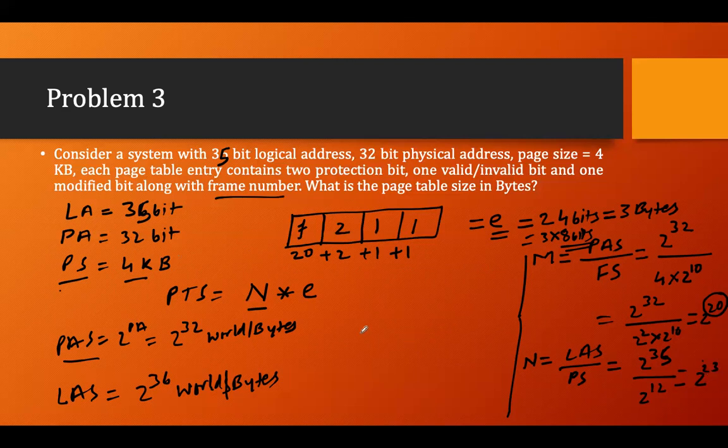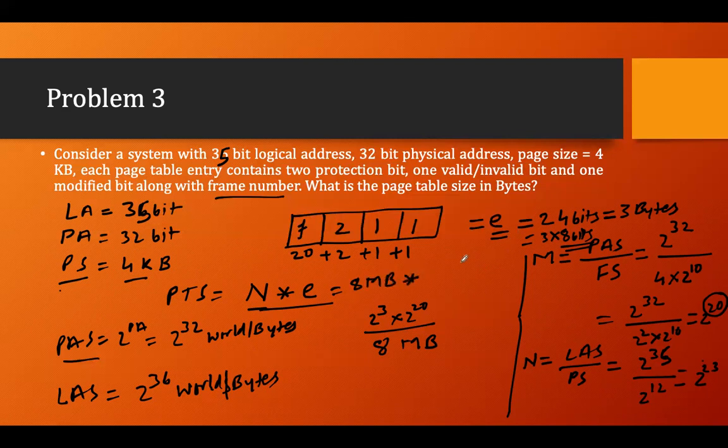What is 2 to the power of 23? It is 2 to the power of 3 into 2 to the power of 20. 2 to the power of 3 is 8, and 2 to the power of 20 is M, so it becomes 8 M.